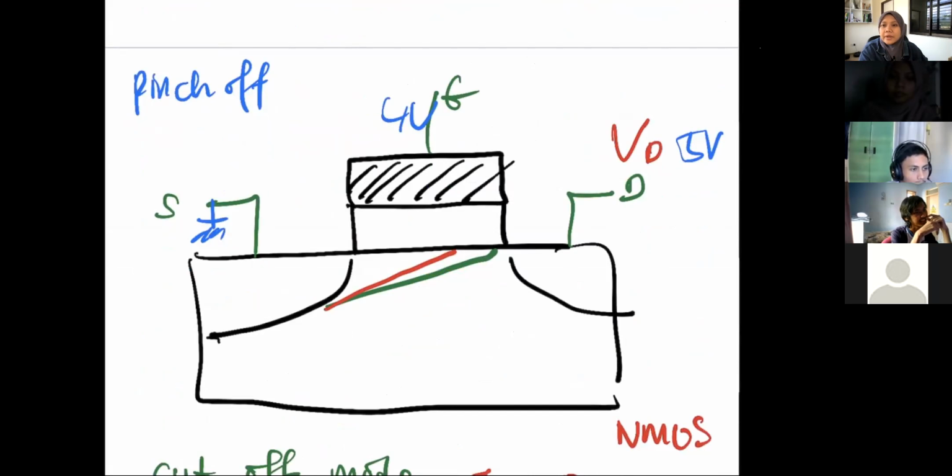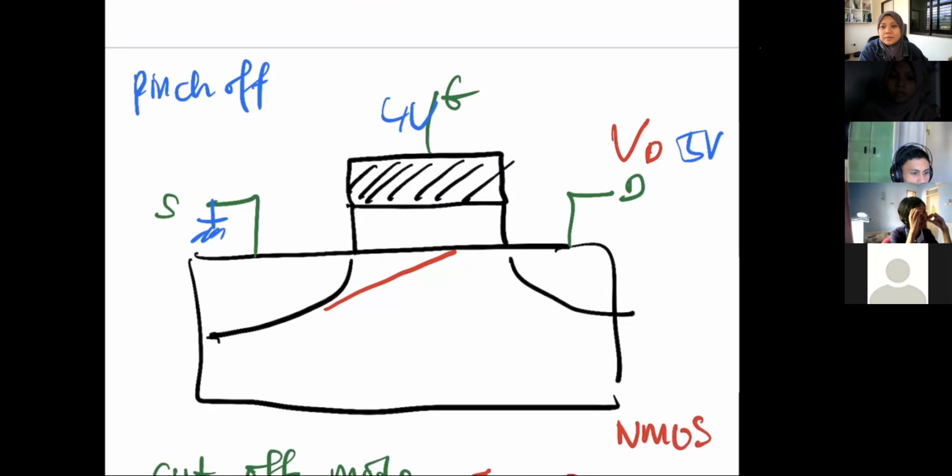So why do you still have current? Boleh tak jadi inversion channel jadi macam ni, yang merah ni? No. Cannot, because there's still current.